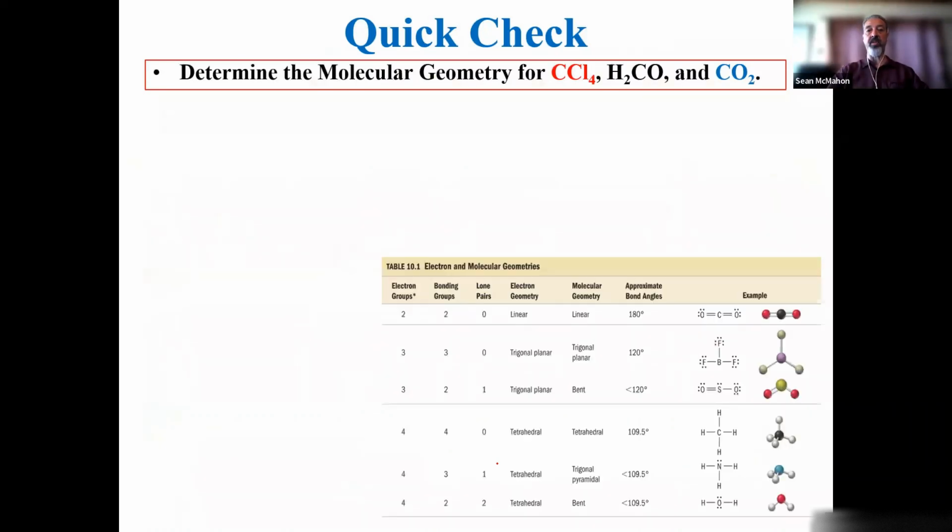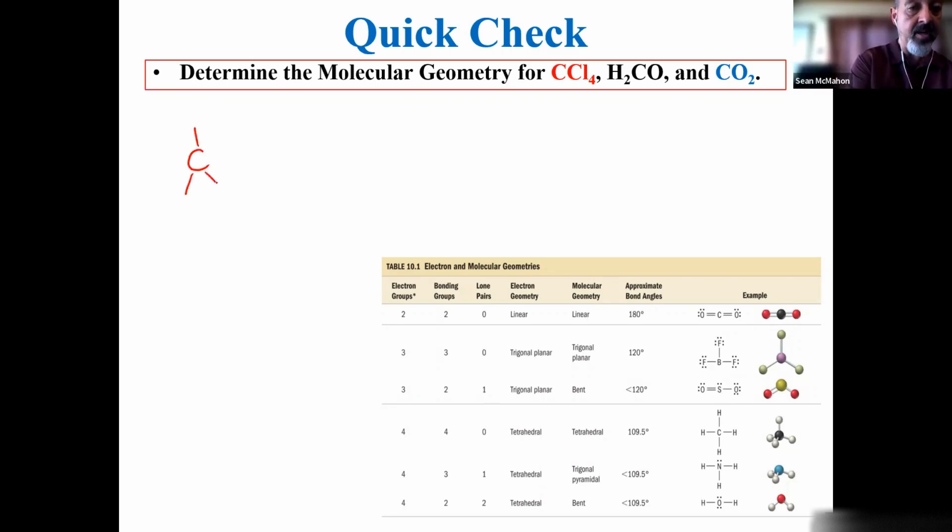So let's do a quick check, right? Can we determine the molecular geometry for CCl4 from drawing the Lewis dot structure? I'm just going to draw the dot structure first because this is based on identifying what the molecular geometry is once I have the Lewis dot structure. So you can practice that by pausing it.